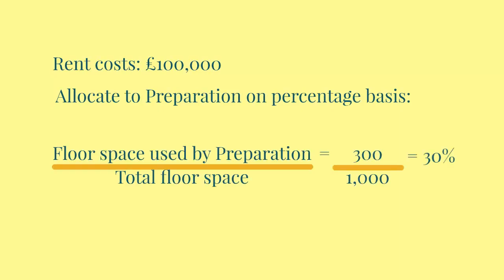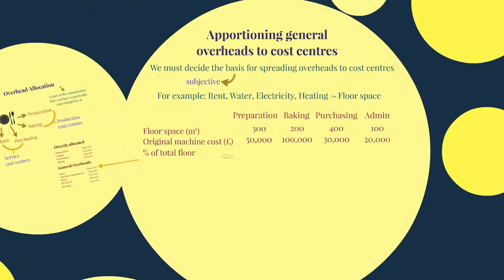Now, we know that there is 1,000 square meters and 300 square meters of that floor space is used by preparation, so it comes to 30% of the total floor space. And so now we can apply that to the other departments. So 30% for preparation, 20% for baking, 40% for purchasing, and 10% for admin.